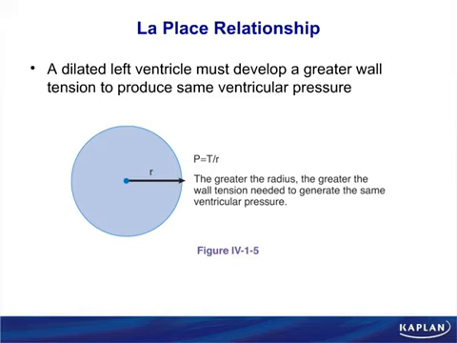So there's a big time wall stress, and that's the thing to look for on Step 1. If you get a dilated heart, you have a lot of wall tension or wall stress. And this relates to law of Laplace. We will see law of Laplace again when we talk about cardiovascular.